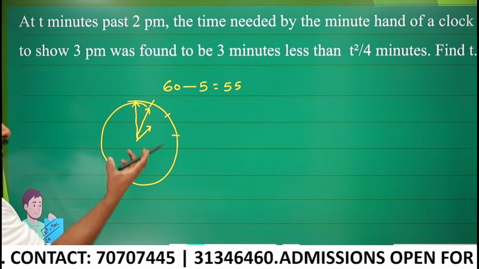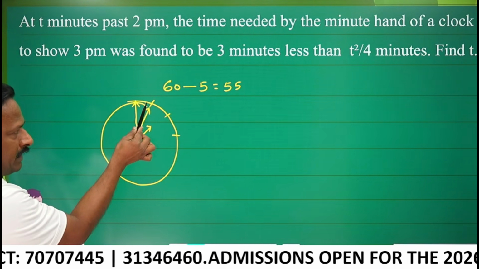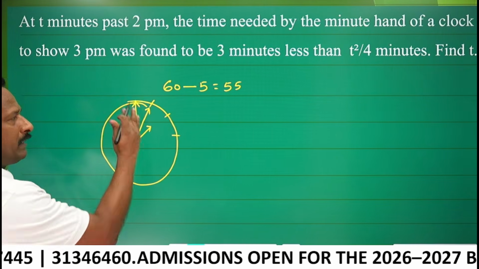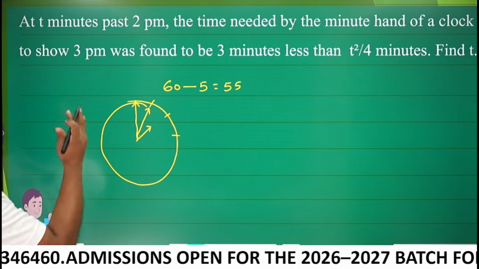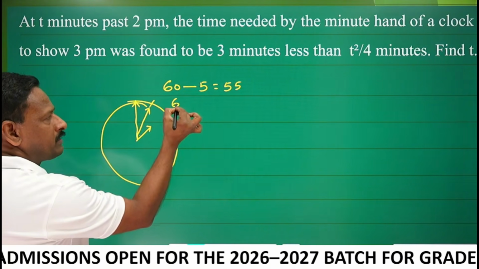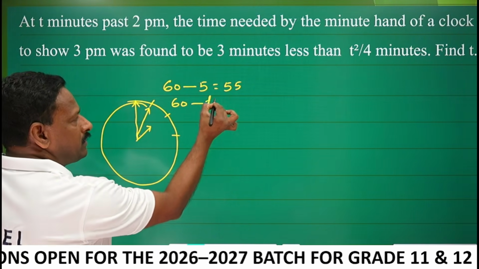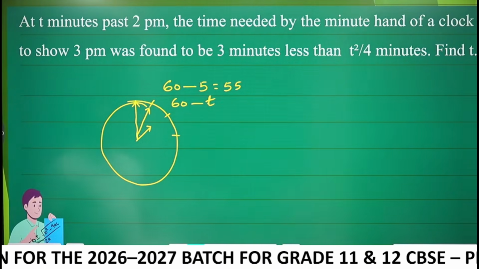So suppose that this minute hand traveled t minutes. What will be the remaining time to reach 3 p.m.? It will be 60 minus t, right? Now we'll come to the question.